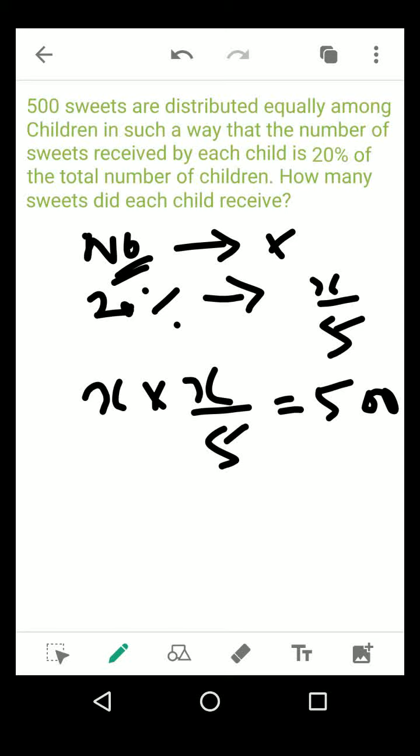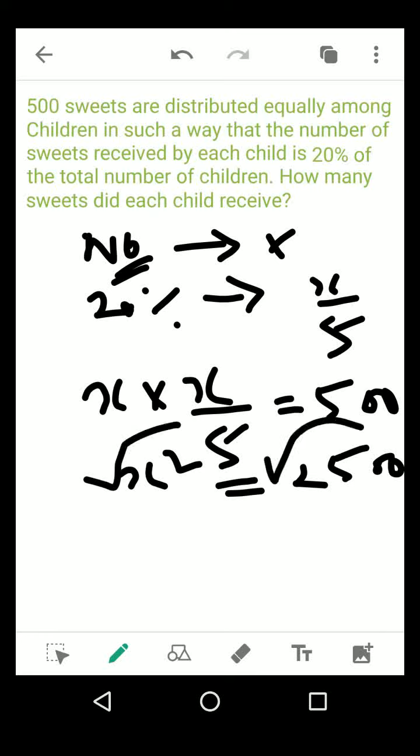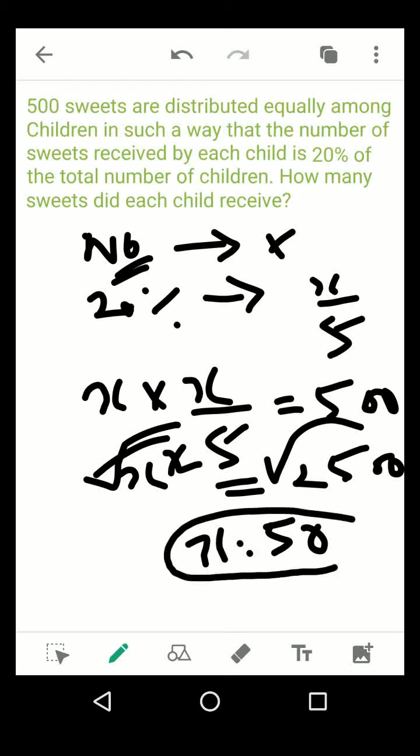If we cross multiply this, we will get x square equals 2,500. If we take the square root on both sides, x will be 50. The number of students will be 50.